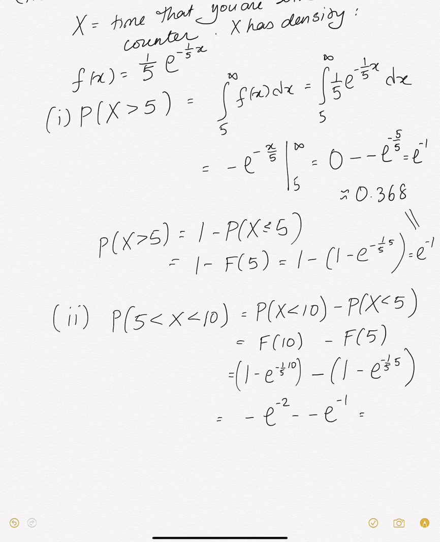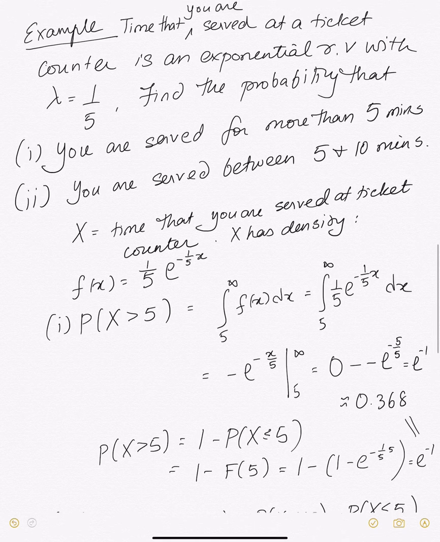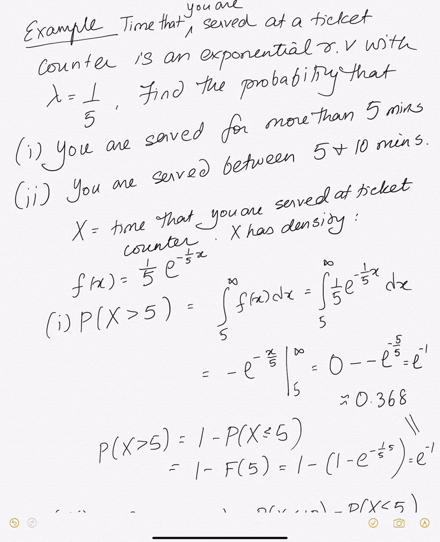So that's 1 over e minus 1 over e squared, if you like, or (e minus 1) over e squared, and that is approximately 0.233. Okay, so once you have it set up, the calculations are pretty straightforward.